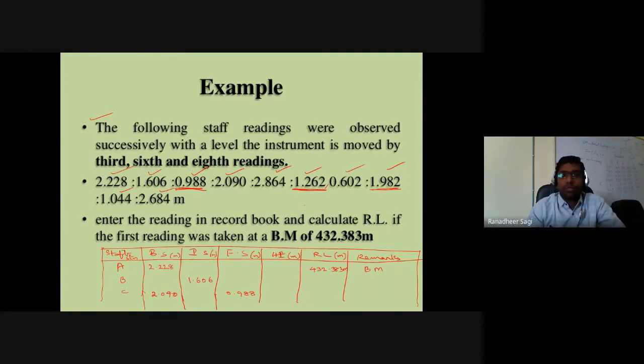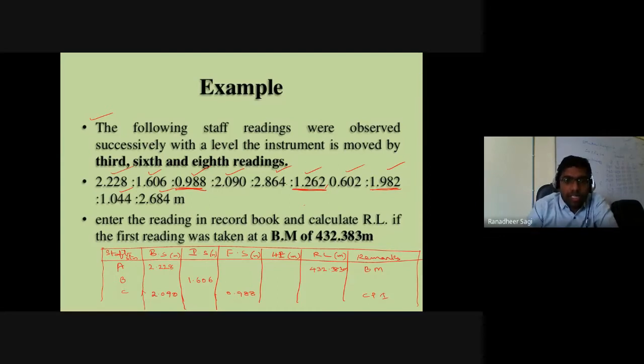So you have to carefully understand that. In the remarks column, with respect to your C position, I can write change point 1. This is the first time I had a shift in my instrument from one position to the other, because of which I have a foresight as well as a backside with respect to point C. Okay, next.